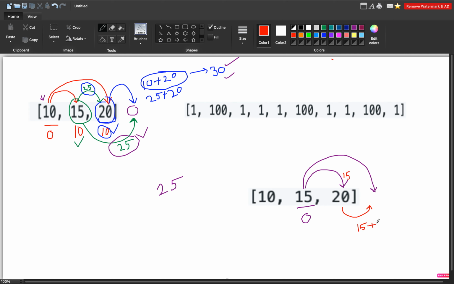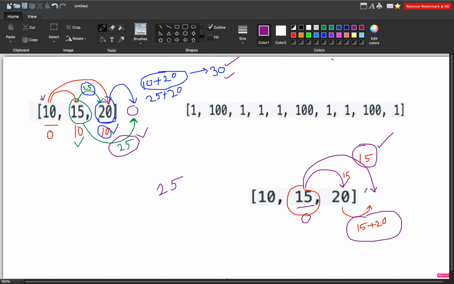But we have another option also, we can directly jump outside the array, so here the cost will be 15. So if we are standing at the first index, what will be the minimum cost of reaching outside this array? It will be 15 plus 20 versus this 15, which is obviously minimum 15.